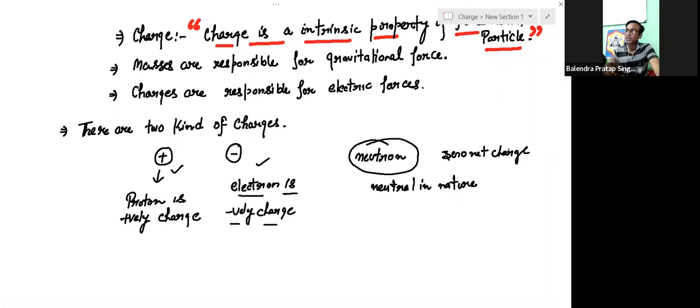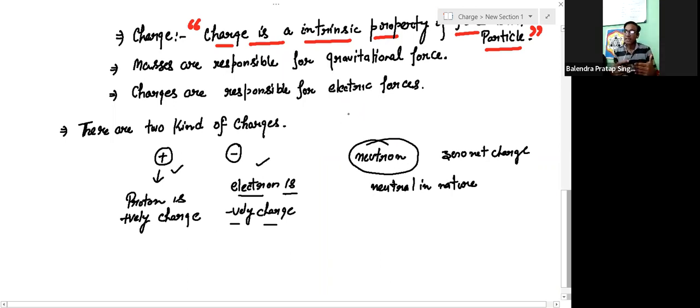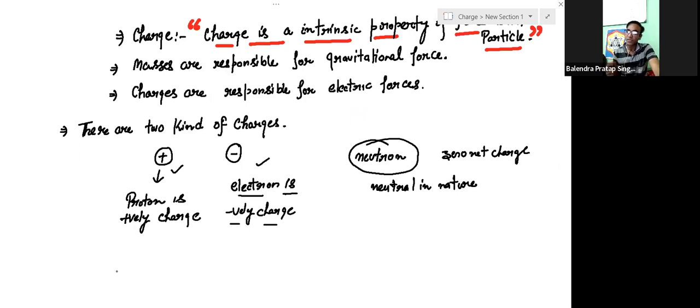In nature, all of the things which we use in the classical world are neutral. If a body has a lack of charge, or some more charge compared to another body, then it will show some behavior such as attraction or repulsion, because the electric or electrostatic forces are much stronger than gravitational forces.